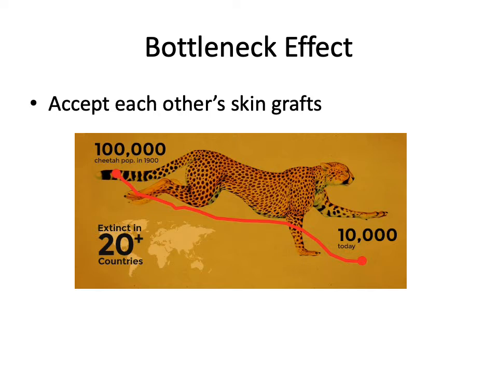Skin grafts are like organ transplants, and they're so genetically similar to each other that these organ transplants are not rejected. So that's a bottleneck effect. The population crashes, it's much smaller than it was before, and as a result, it's much less diverse.